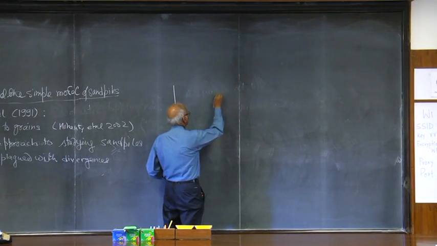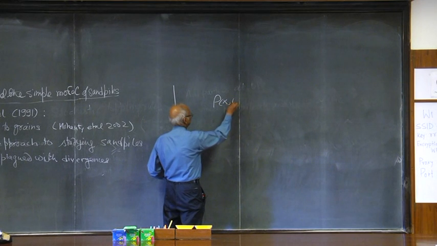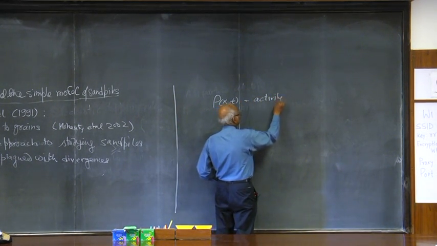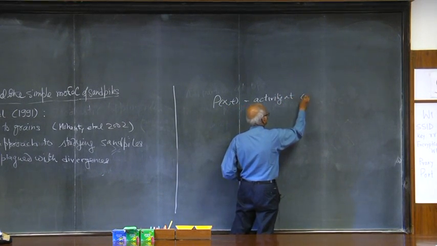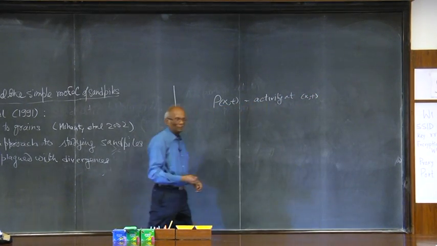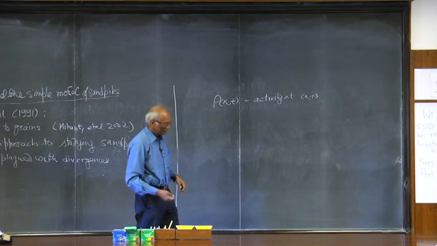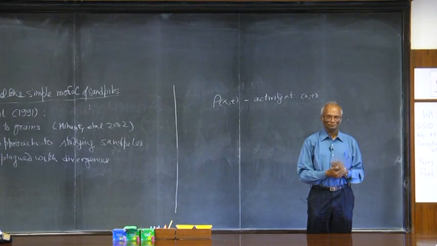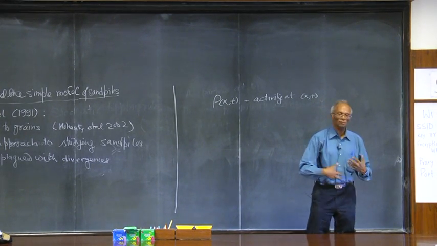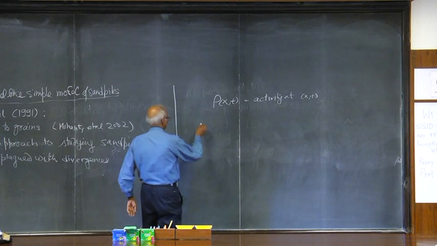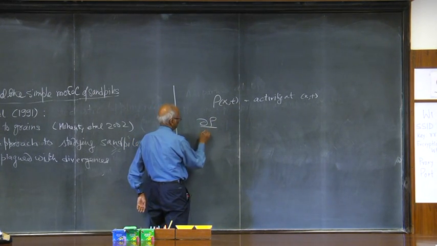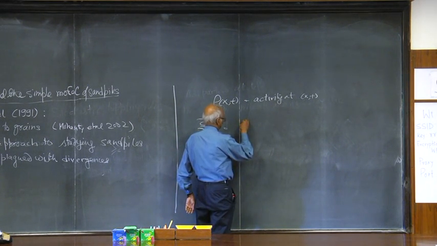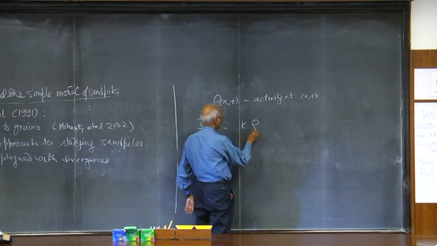Okay. So let us see how does it go. So they said there is an activity field rho of x, t. See, this is a non-equilibrium problem, so there is not going to be any Hamiltonian, but we can write down an equation of motion of this field. So the equation of motion looks like this: d rho by dt is equal to some term which is linear in rho.